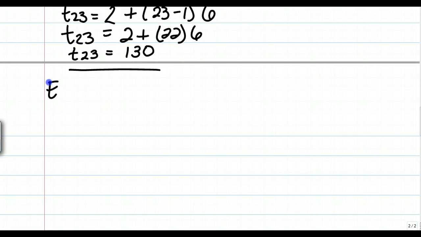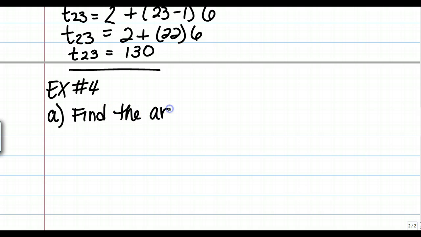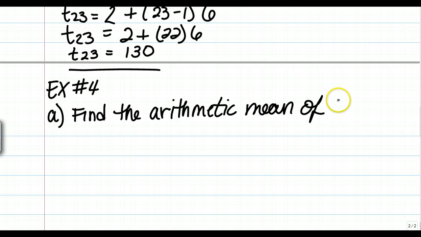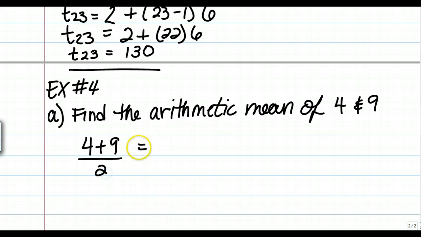Let's do example number 4. When it asks you tonight on your homework to find the arithmetic mean of, and then it'll give you two numbers, in this case 4 and 9, all you need to do is, because mean means you add them together and divide by how many, well, we have two numbers, so we can just add them together and divide by 2.